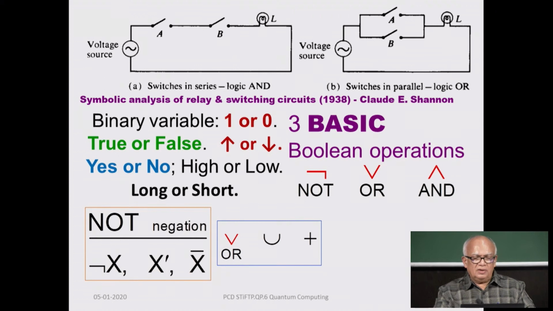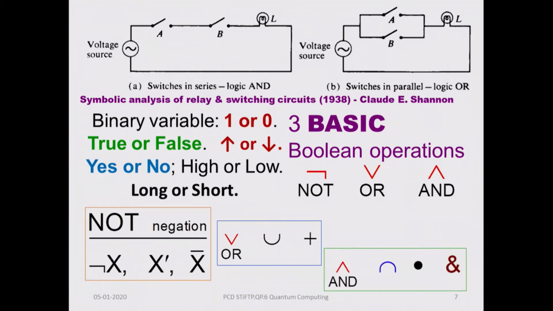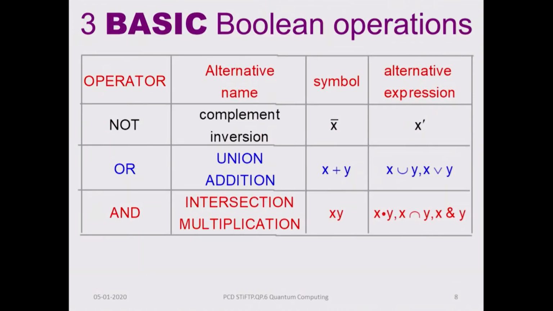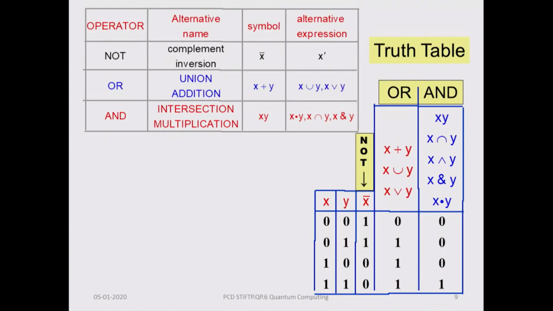Okay, so some alternate symbols are also used, and basically they represent elementary fundamental logical operations of either negation or combinations like union or intersections or multiplication. Okay, so these are the fundamental Boolean operations.